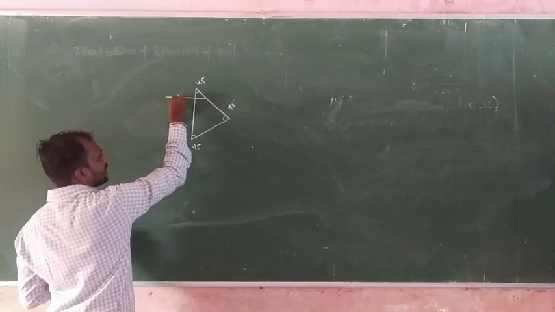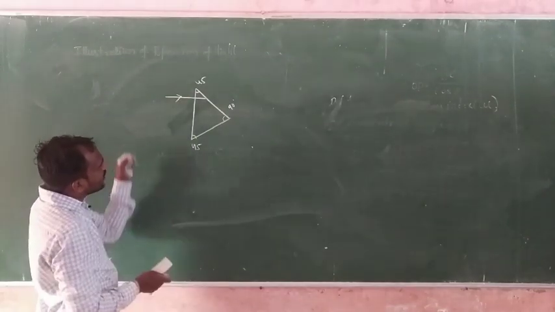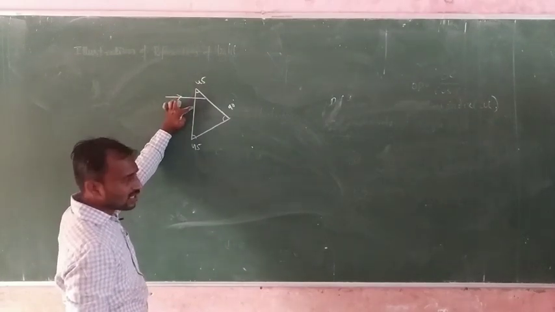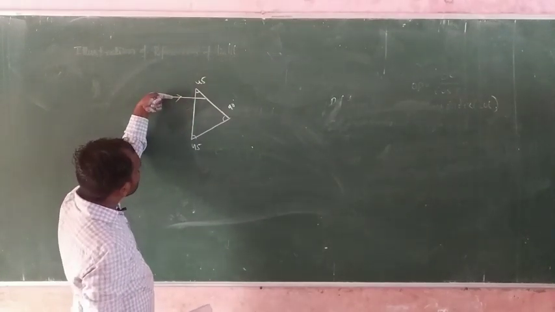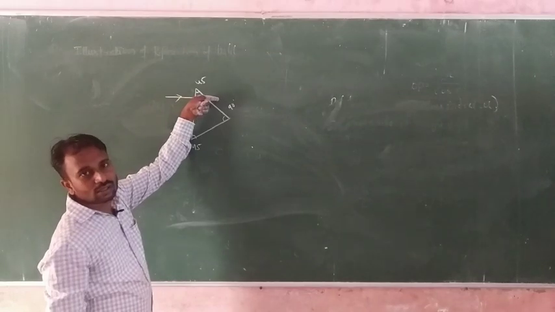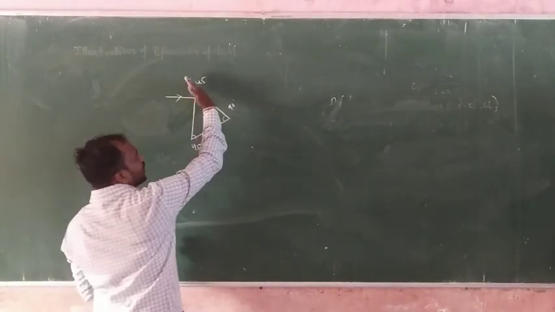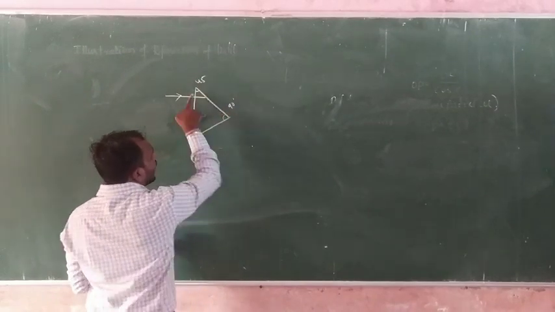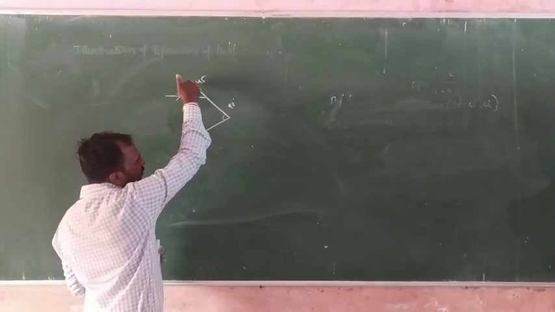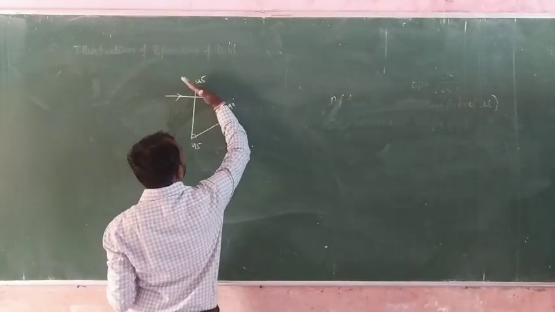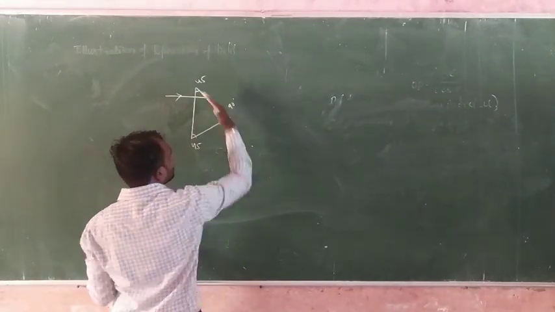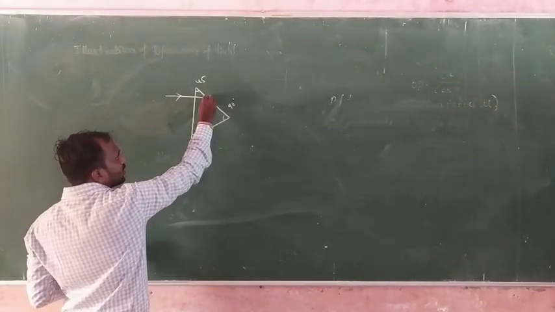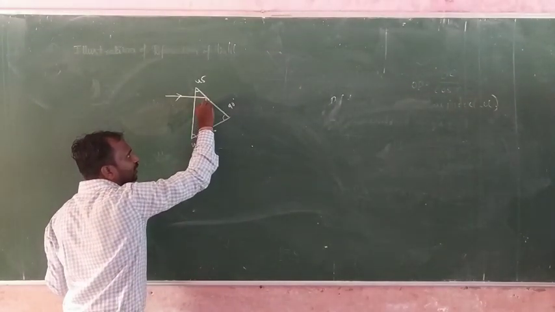This is the incident ray. When the incident ray is perpendicular to the first surface, it is a normal incidence. At the next surface the angle is 45 degrees, which is greater than the critical angle, so the light ray is reflected.